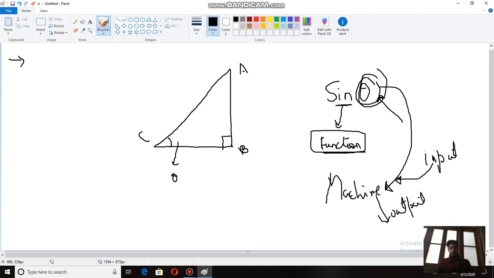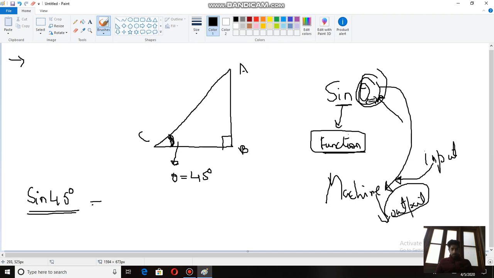Function may be considered as a machine in which we put some input, and input here is our angle theta, and we get some value output. For example, let us take this theta as 45 degrees, and I am interested in finding the value for sine of 45 degrees.